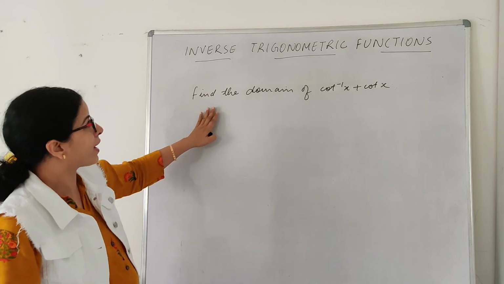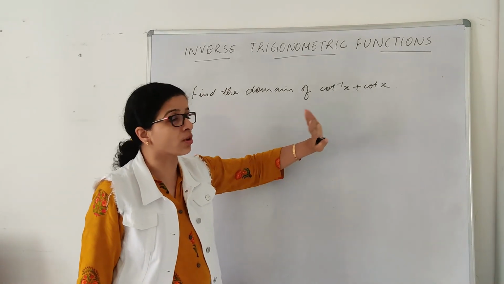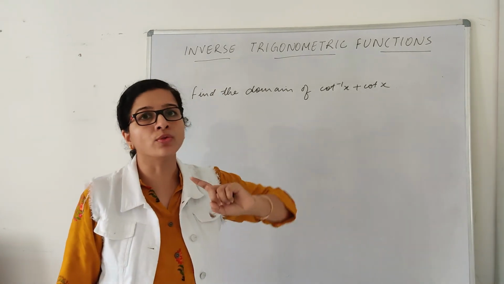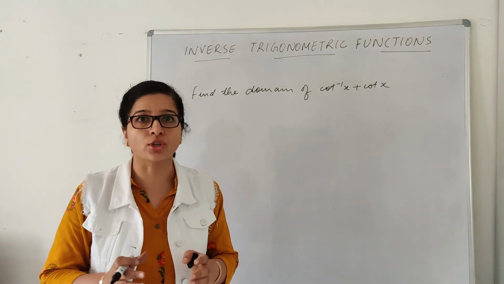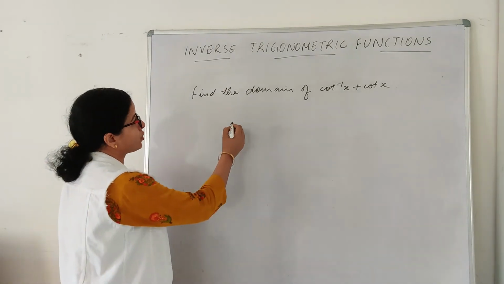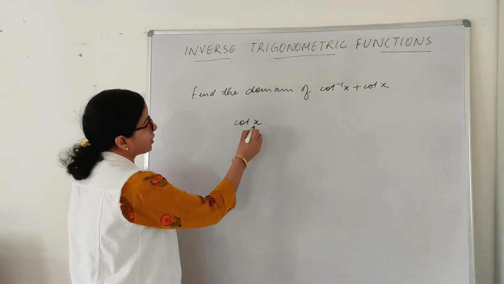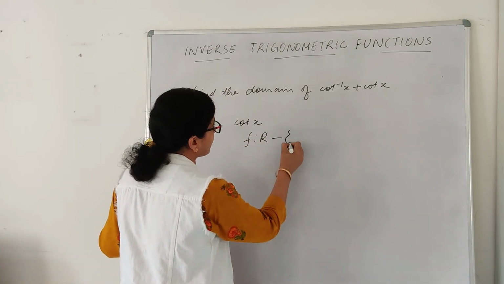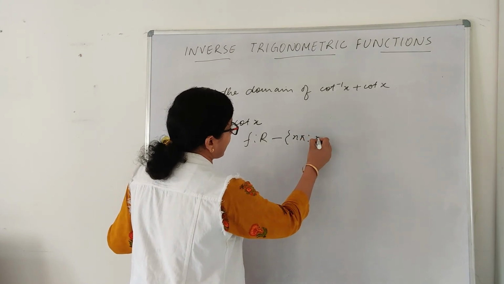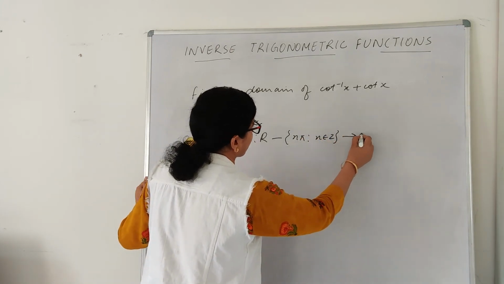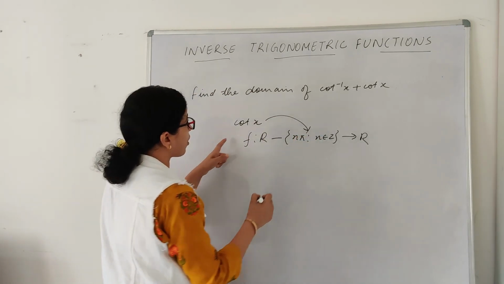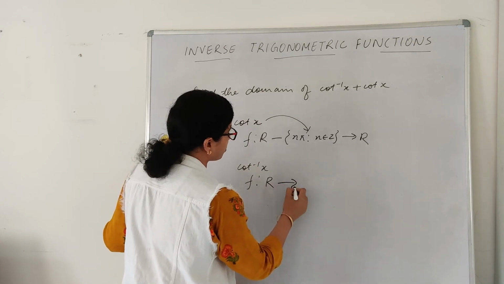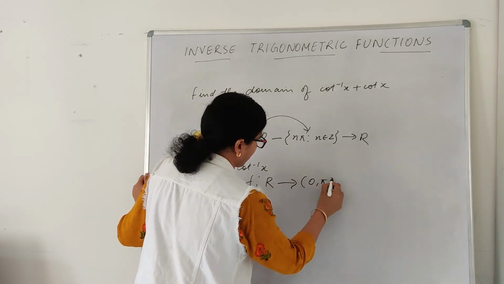So now let us find the domain of cot inverse x plus cot x. I have been telling you, whenever it is the sum of two functions, we have to take the intersection of both the domains, right? So what is the domain for cot x? It is written as R minus n pi, where n belongs to Z, to R, right? And what is the domain for cot inverse x? R to 0 to pi, right?